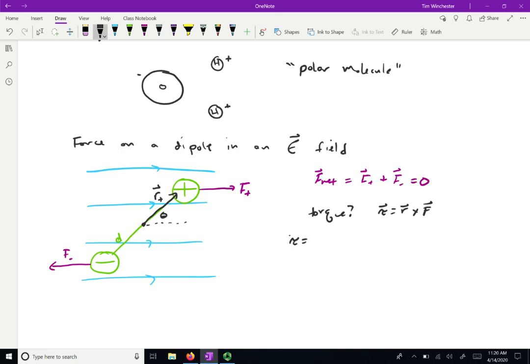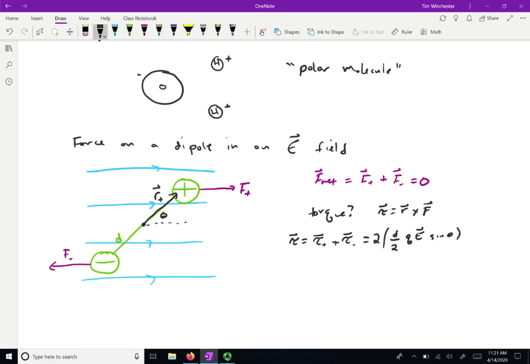Okay, so the torque is going to be the torque on the positive one plus the torque on the negative one. Those are going to add together. Since they'll turn out to be the same size, it'll be just 2 of each individual torque, which is going to be the R, or d over 2, times the force, which is QE, because it's an electric force, times sine theta.